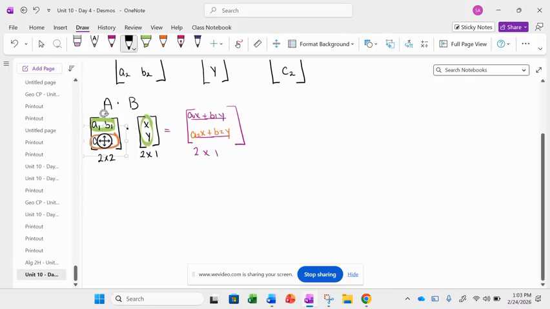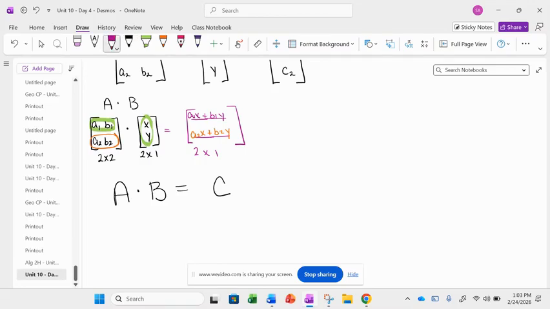Now let's look at this. So we're going to have matrix A times matrix B equals matrix C. And now, do we agree we would need to solve for the variable matrix?